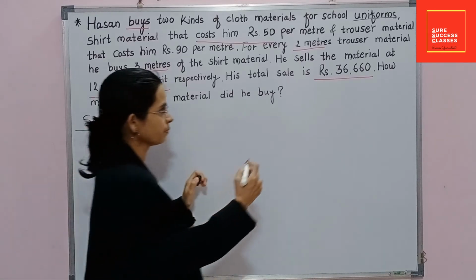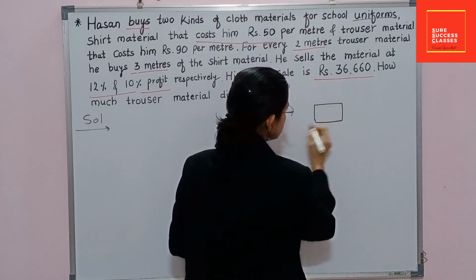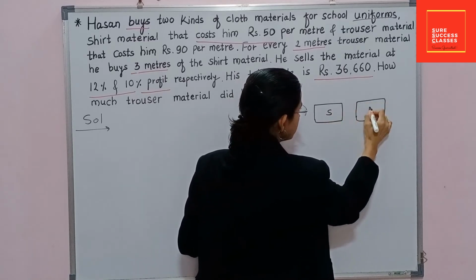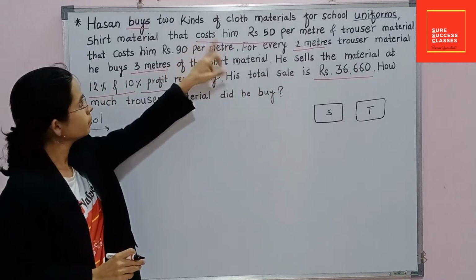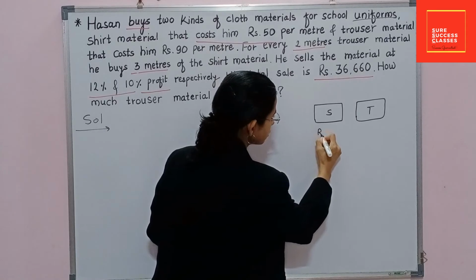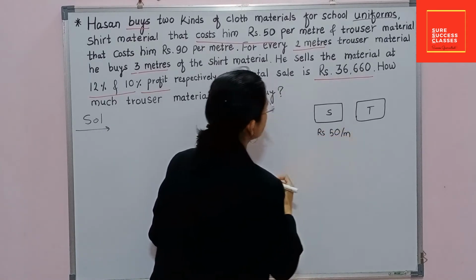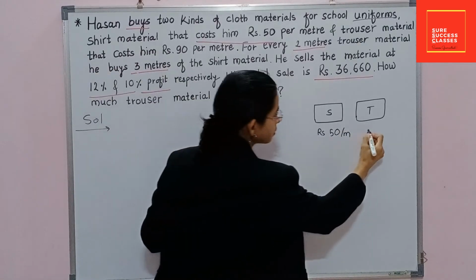Here we will see it in this way: this is shirt material and this one is trouser material. Shirt material costs him 50 rupees per meter, and trouser material costs him 90 rupees per meter.